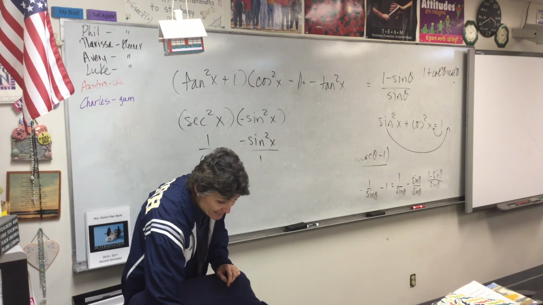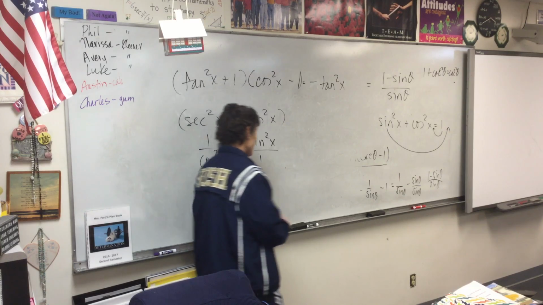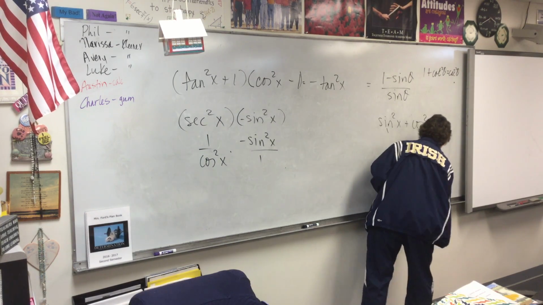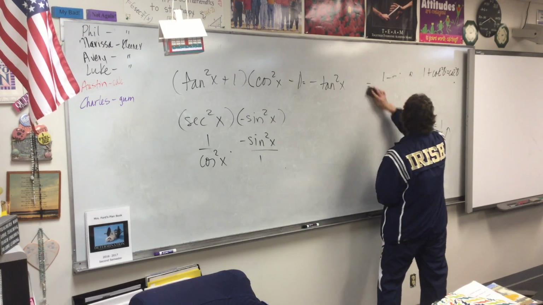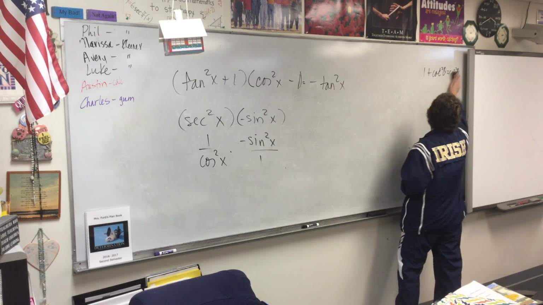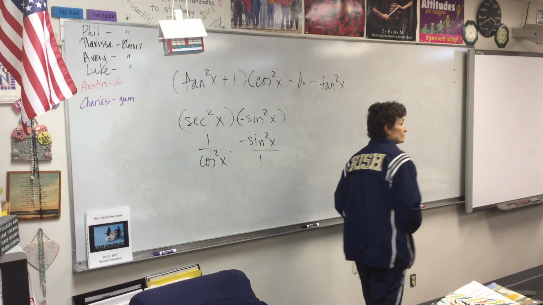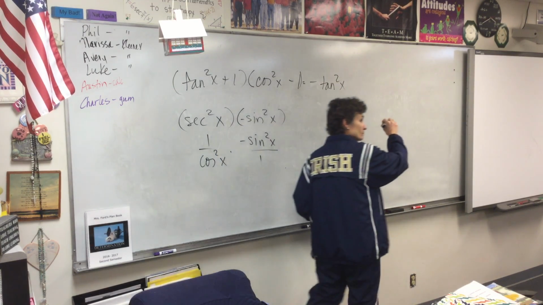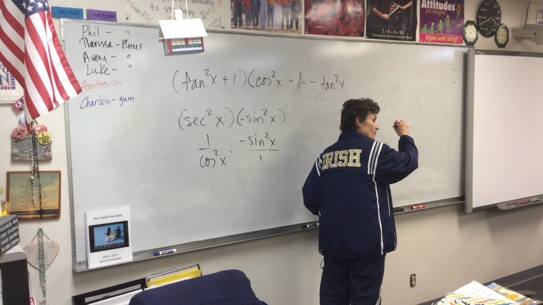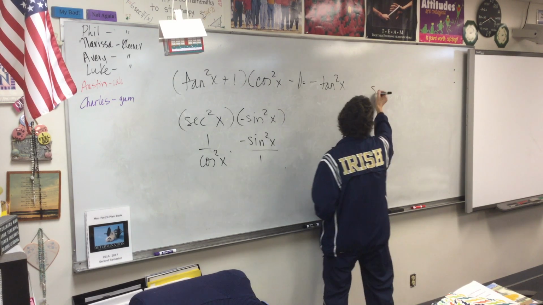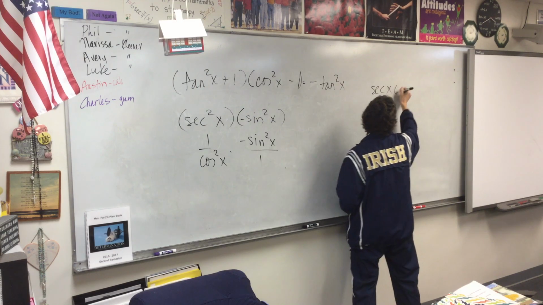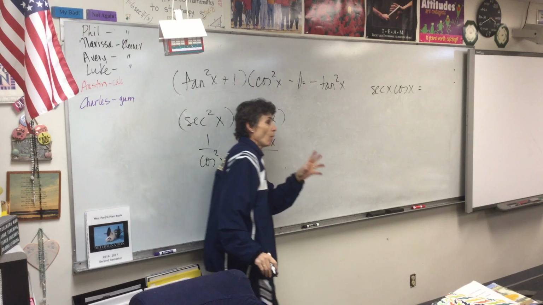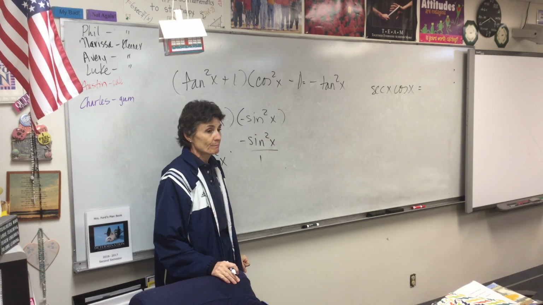All right. Is there anything else on the quizzes? Any of the other things that we need to look at or talk about? Okay, secant and cosine have what relationship to each other?